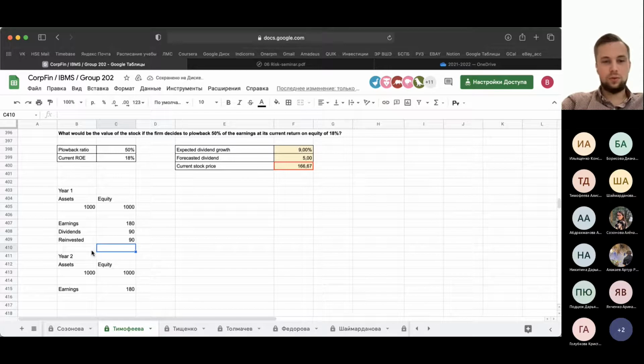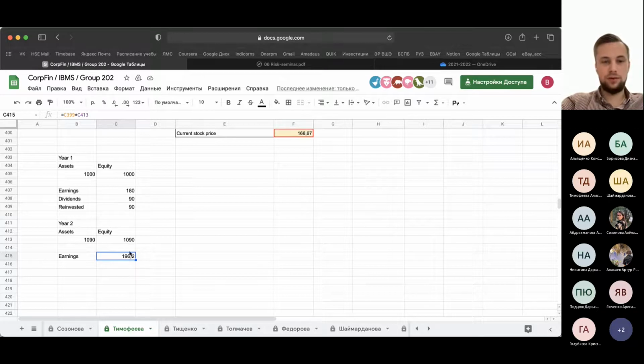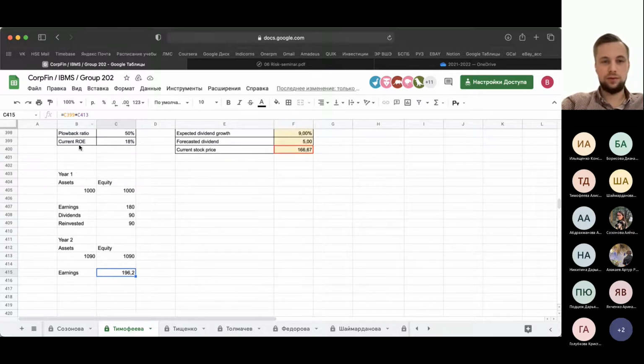So what are we going to have in this case in year 2 in equity and in assets? 1090, in both cases. So we will have higher earnings, given that the return on equity will be the same, right?